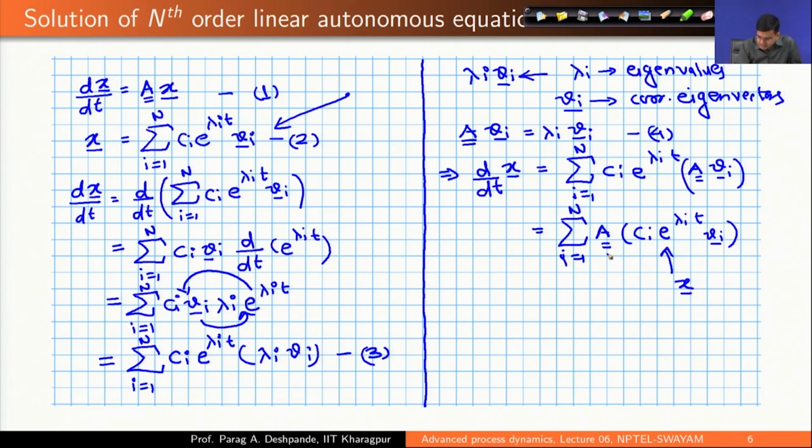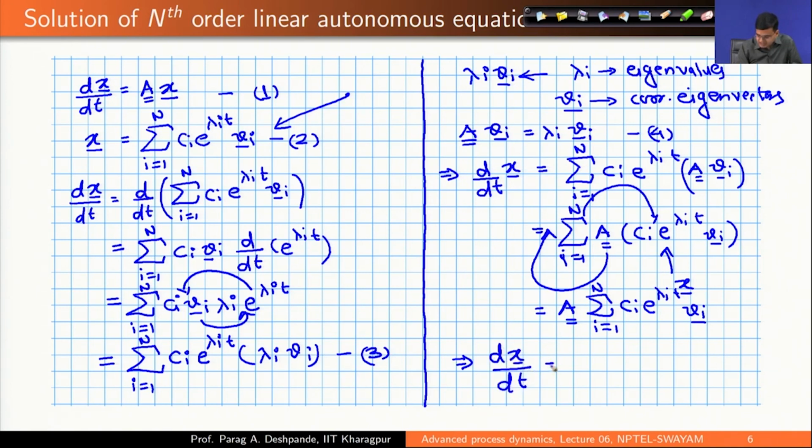Okay. So, I will take this out, I will take this in, which will give me A operating on i is equal to 1 to capital N C i e to the power lambda i t v i under bar, from where I can write dx under bar by dt is equal to A double under bar x single under bar.